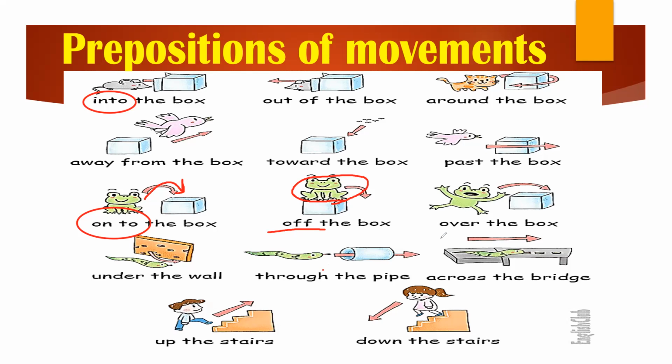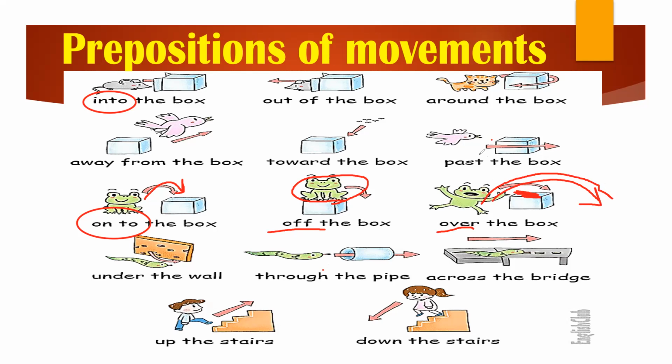All right, and then we have over. Over means it's like past, but from on top of something, not beside it. Over and past are alike, except over means you go from above it to the other side. And again, you don't stop here, you just go over it.